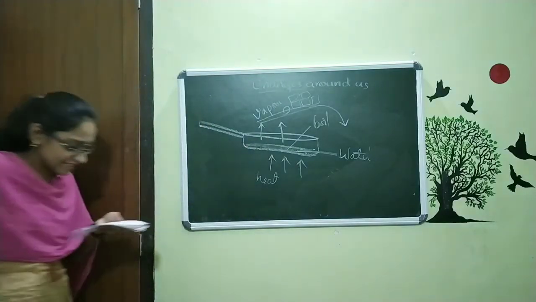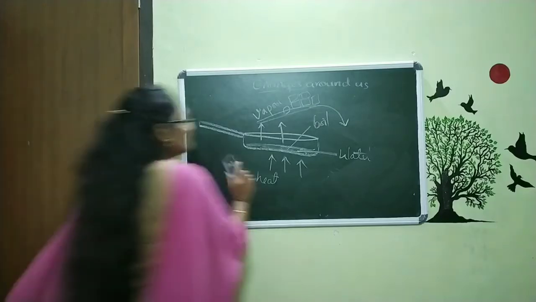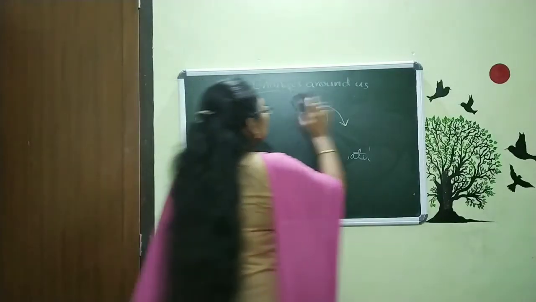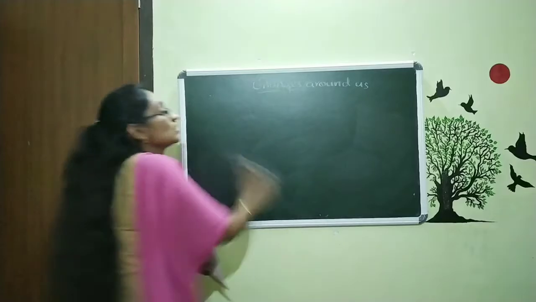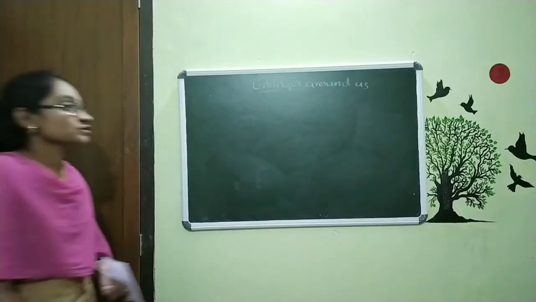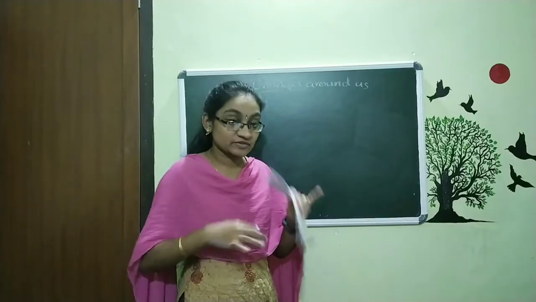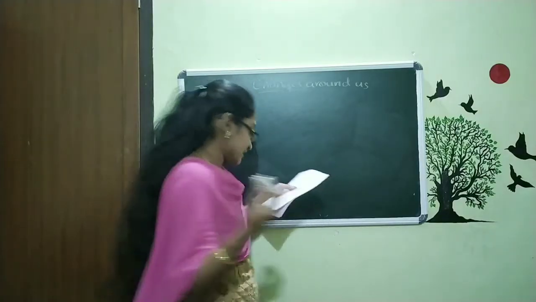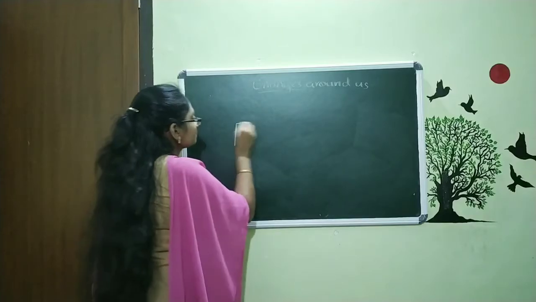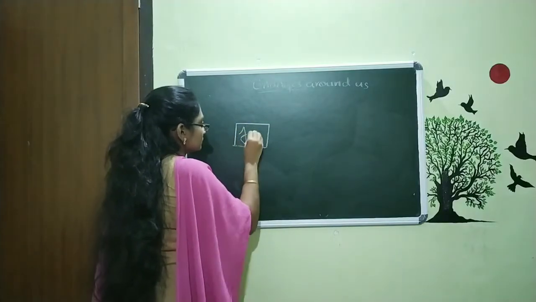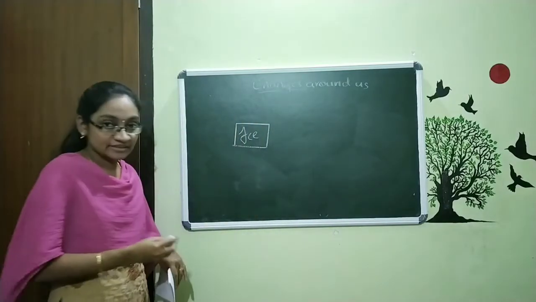So we can study this for the conversion of ice to water, water to vapor, vapor to water, water to ice. All these types of changes are actually reversible changes. That means here we have ice.